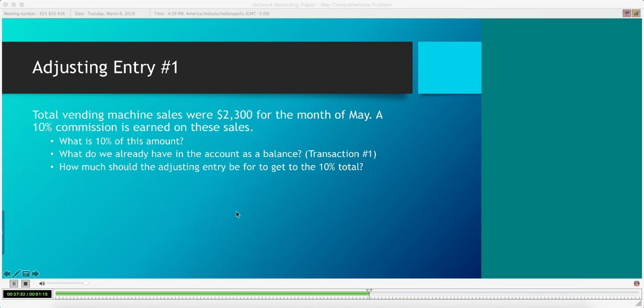So here is where we come back into the first transaction where we have extra information.